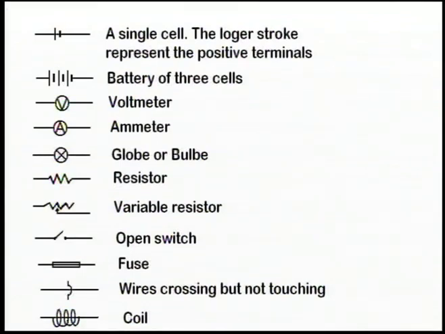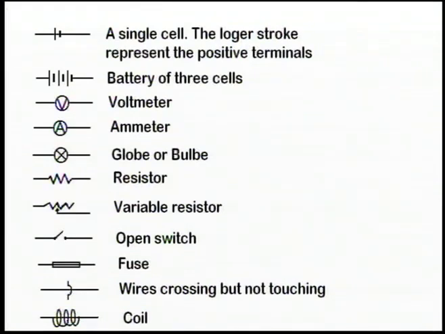What do you think are these lines? They are the wires. If we're using a voltmeter, we will use this. If we're using an ammeter, we will use this. We will look at that later, but just the symbols. All right? Globe or bulb, it's shown like this. Resistor, this is a variable resistor. This is an open switch. You can see the switch there is open, so it cuts off the circuit.